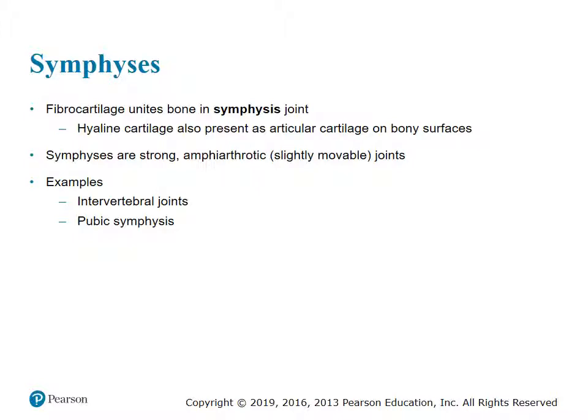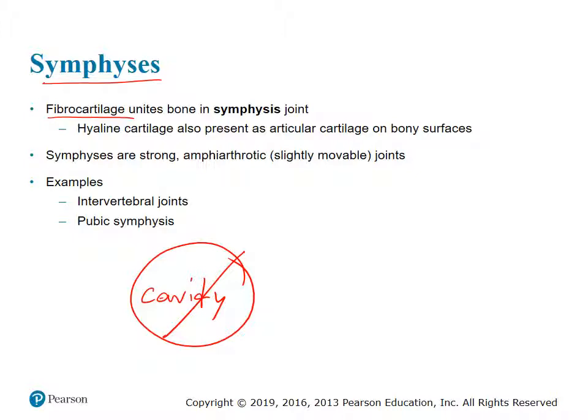And the last type of cartilaginous joint we call the symphysis, right? Contains mostly fiber cartilage. So again, the material has changed, right? No cavity, right? So we don't have a cavity there, obviously, or else it would indicate it as a cavity. Very strong by characteristic, can resist a lot of force and tension.